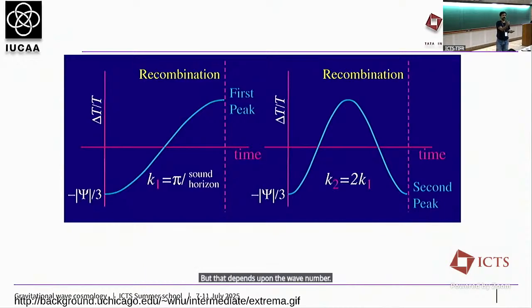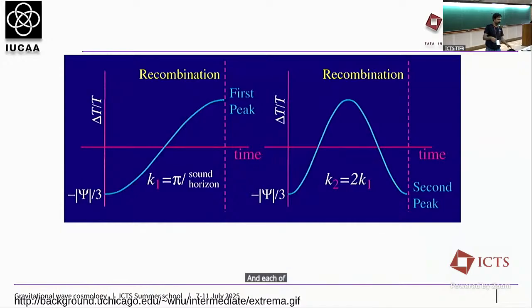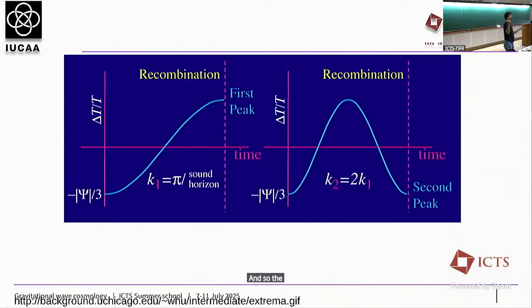Again, you have this initial density field, and you decompose it into Fourier modes. Now you have different Fourier modes, and each of these will have a different time scale. What is then the time scale? For a time scale, you need something which has a velocity and something which has a length scale. The velocity in this case will be the sound speed, because how quickly can sound travel?